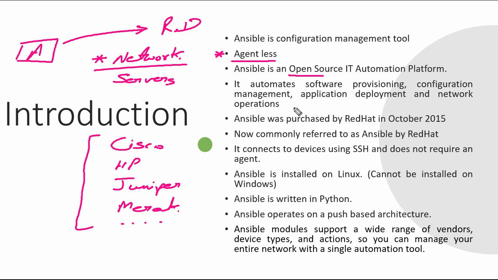Ansible was previously open source, but in October 2015 Red Hat purchased it. Once it was purchased, Red Hat made some modifications and picked up some of the modules under their control. It means that we have some modules like A, B, C and D, which we will discuss.